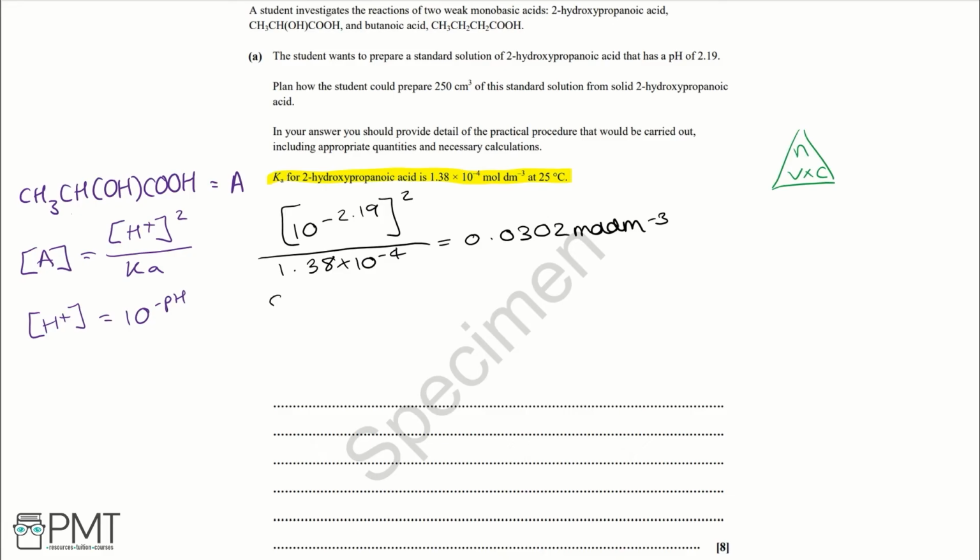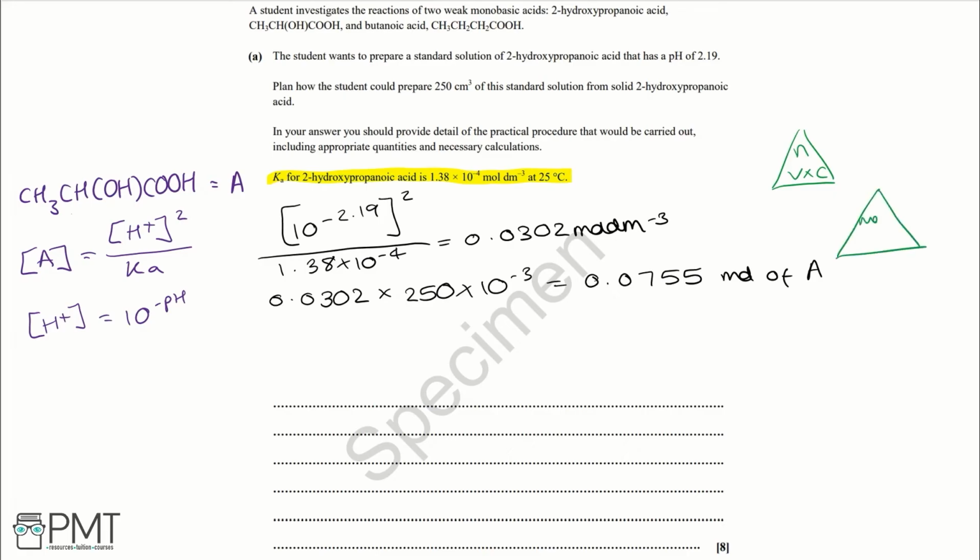So we're going to do 0.0302 times 250 times 10 to the negative 3, because we're converting centimeters cubed into decimeters cubed, and that equals 0.0755 moles of A. And then we can use our other equation triangle, which is mass divided by relative formula mass times moles. And we're going to use this to work out the mass of A.